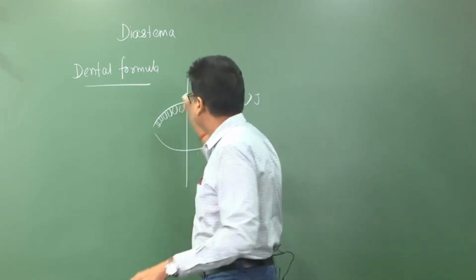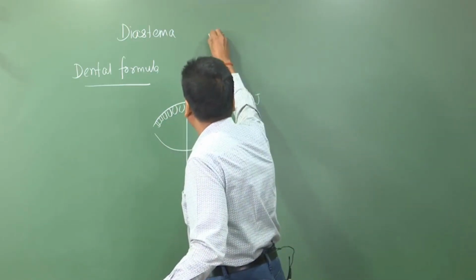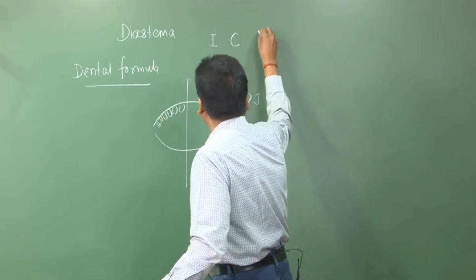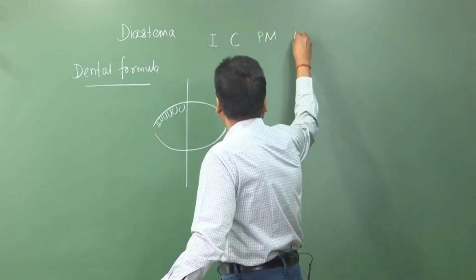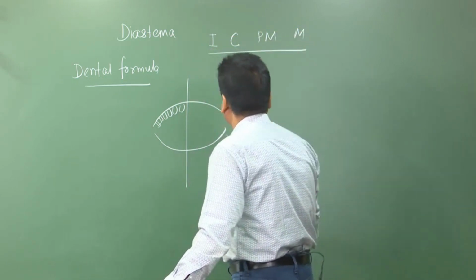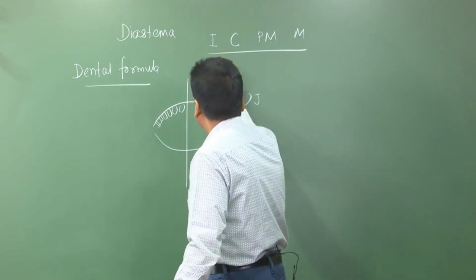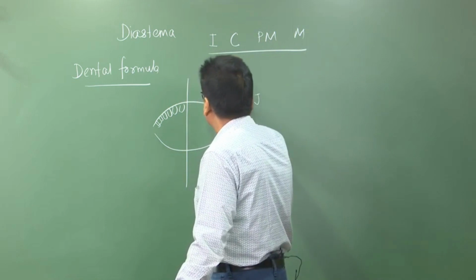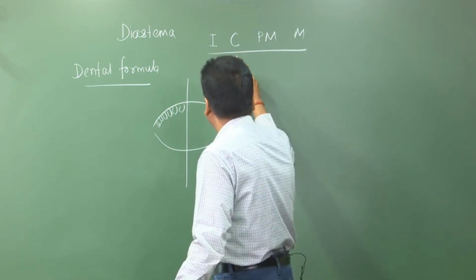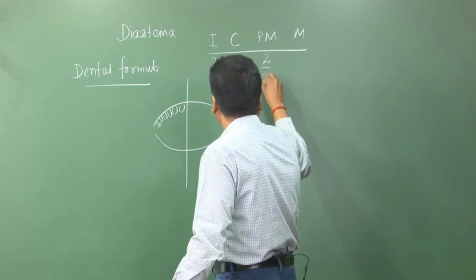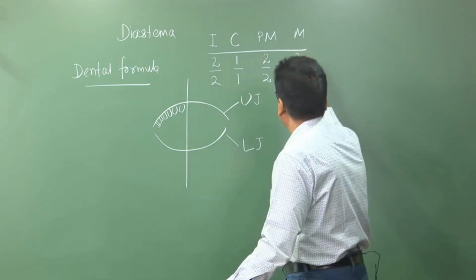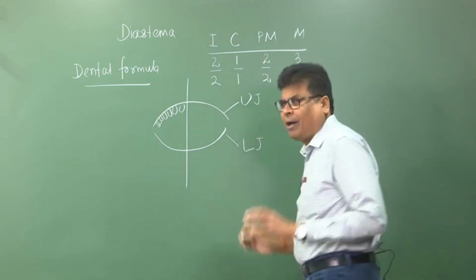For example, in this case, you see this is the incisor, this is the canine, this is the premolar, and this is the molar. I can write here, for example, incisor 2 by 2, that means upper jaw having 2, lower jaw having 2, canine 1 by 1, premolar 2 by 2, and molar 3 by 3, for example.